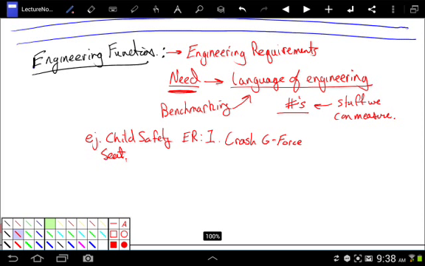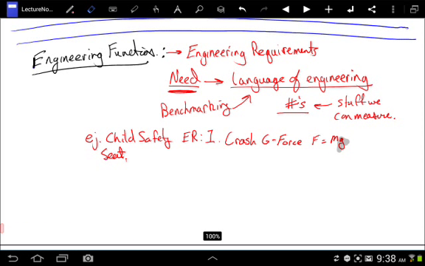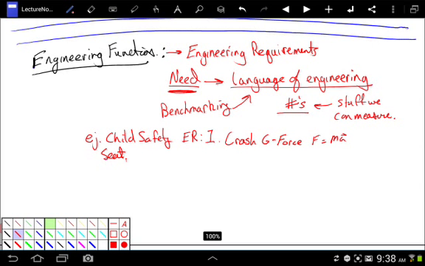If we have a 50-pound child in this car seat, in the exact same crash, it's going to experience much more force than a 25-pound child. Exactly twice. This is equal to m times, not m times g, but mass times acceleration. Awesome.